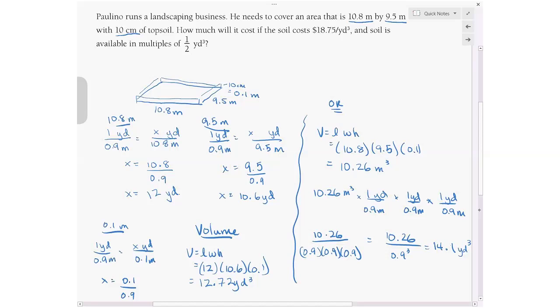So you can tell our answers are actually off by more than I'd like them to be. This is 12.72, this is under 13, and this is over 14, so that's going to be quite a difference if we're paying $18.75 per cubic yard. This one's going to be more accurate because, well, in a sense, this 0.9 isn't exactly accurate either, but in the end, we're kind of rounding less.